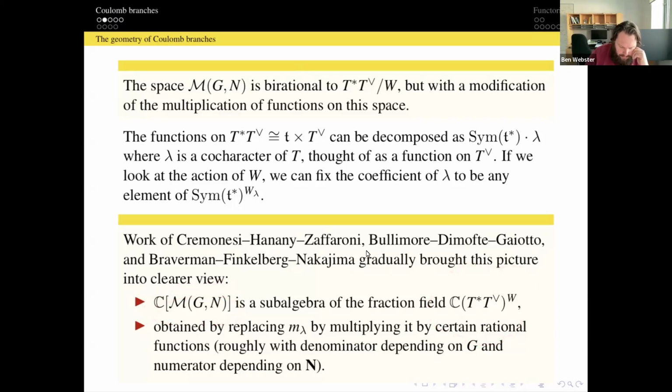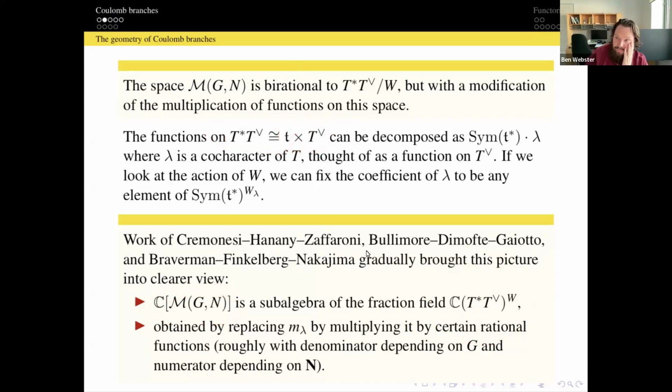And the rough idea is, sorry, I messed up the notation here. If I think about this cotangent bundle, that's the Lie algebra of the original torus times the Langlands dual torus.